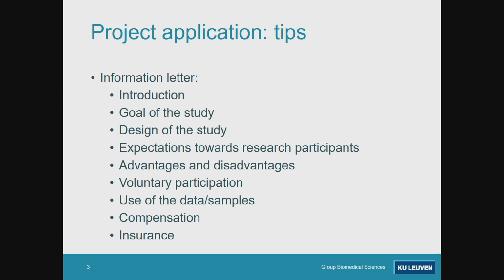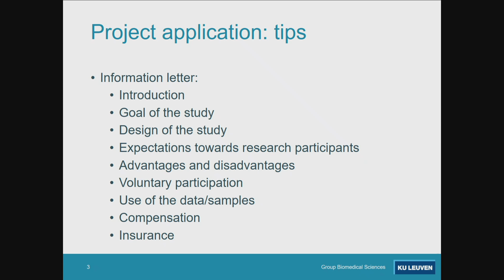Who you are, what you're doing, what the goal of your study is, how your study has been designed, what your expectations are towards the research participants, what the potential advantages and disadvantages of participation are, and emphasizing that participation is always voluntary. Participants are free to decide to participate and as well free to withdraw at any moment.